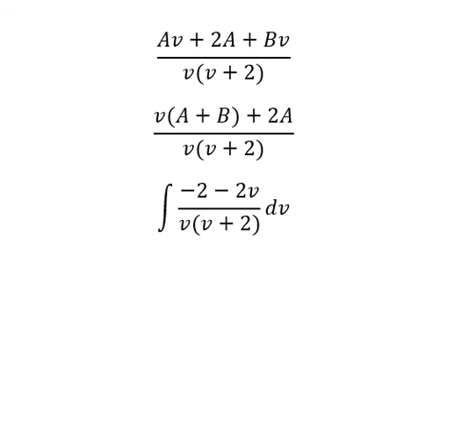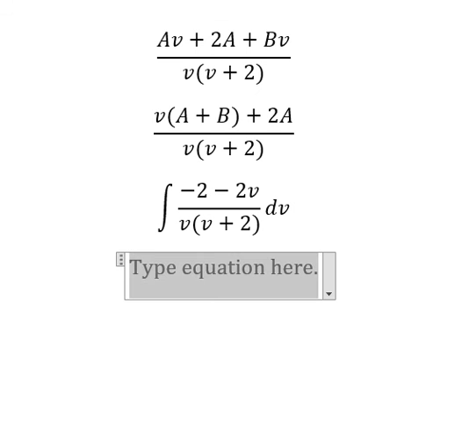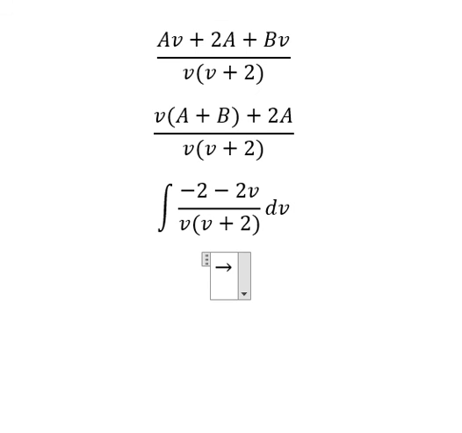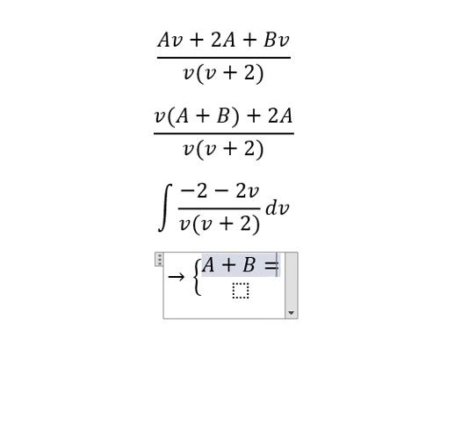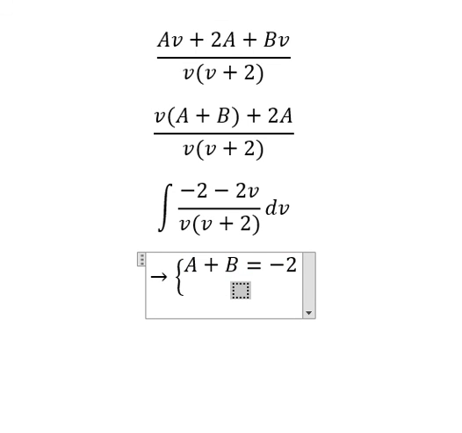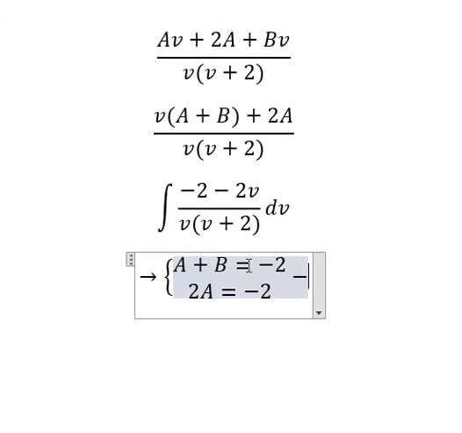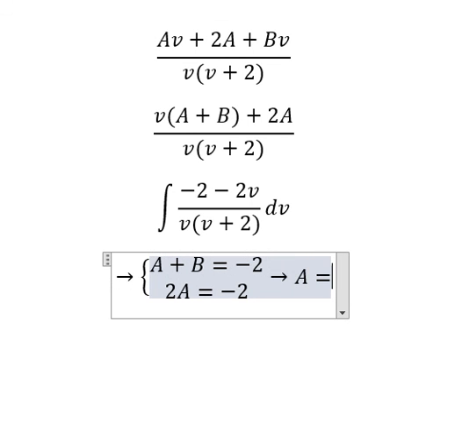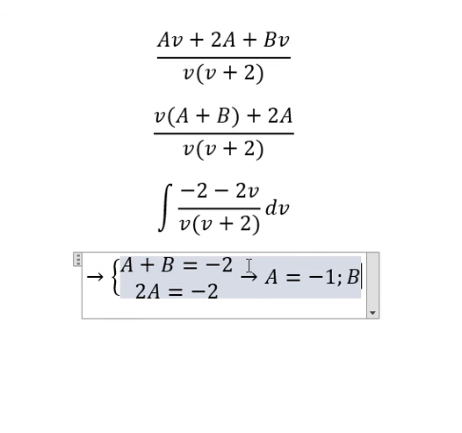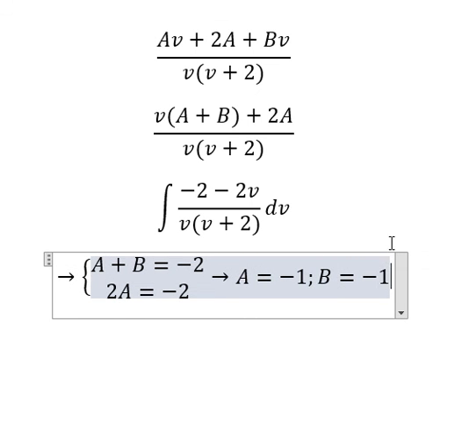Now we create the system of equations. And we get the solution of a and b. A equals negative 1, b equals negative 1.